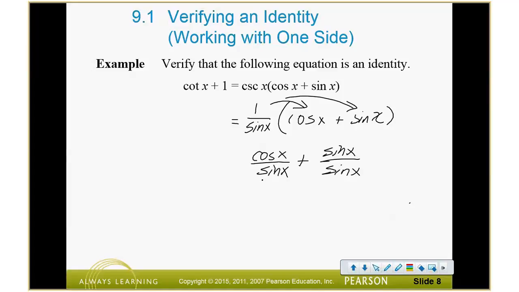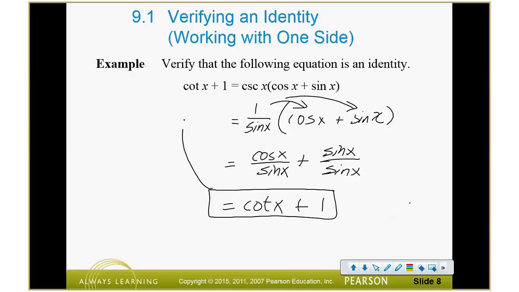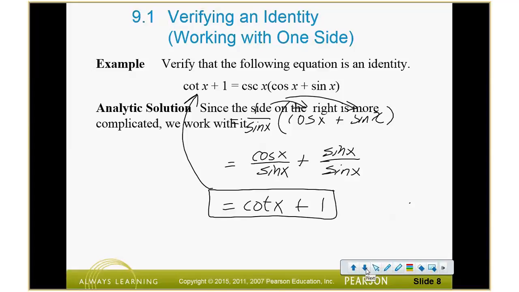And cosine over sine is cotangent plus, and check to make sure. So this is kind of your beginning of manipulation of equations.